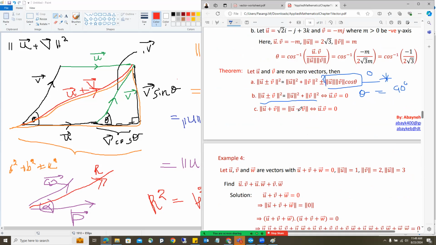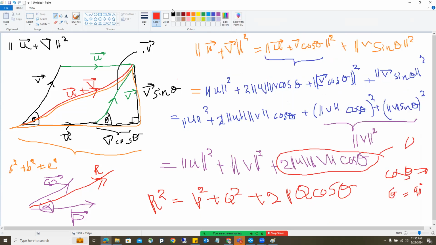To make these two equal, are you sure? Do you want me to show the working again? No. Okay. So actually this entire term should equal 0, but the magnitudes of u and v are not 0 because those are non-zero vectors, so there should be a value.